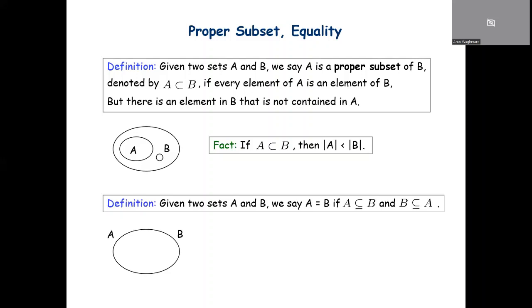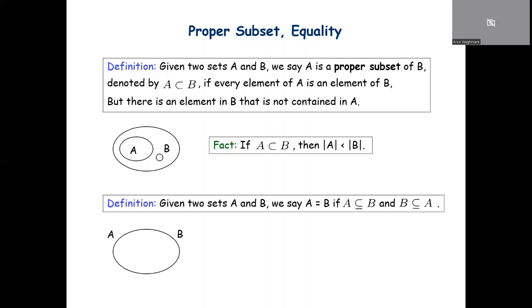So for given two sets A and B, we say that A is equal to B if A is a subset of B and B is a subset of A. When we say that two sets are equal, it means that both sets, suppose A and B are two sets, have the same elements, then we can say that these two sets are equal.